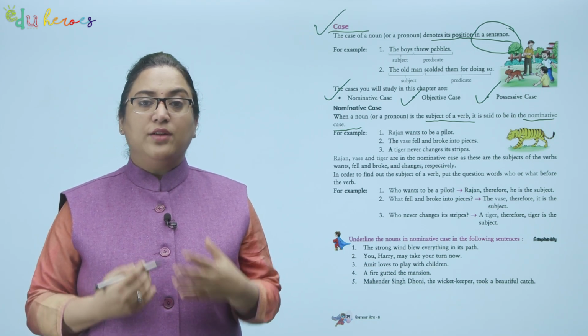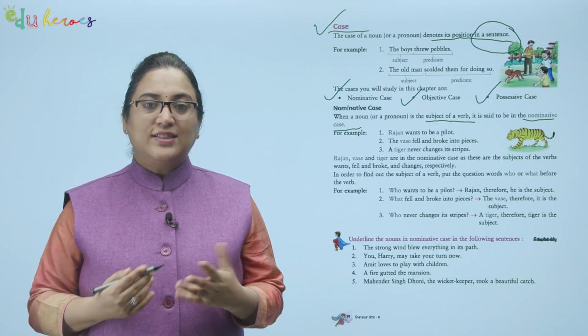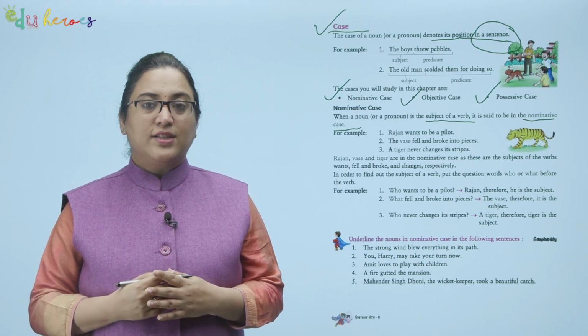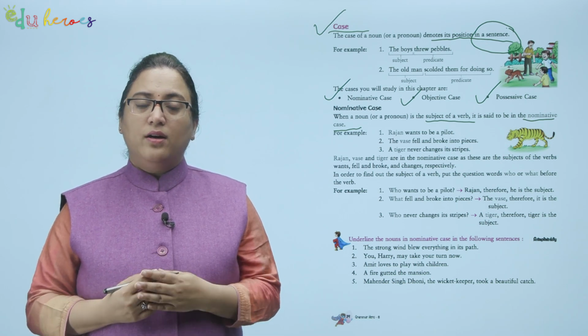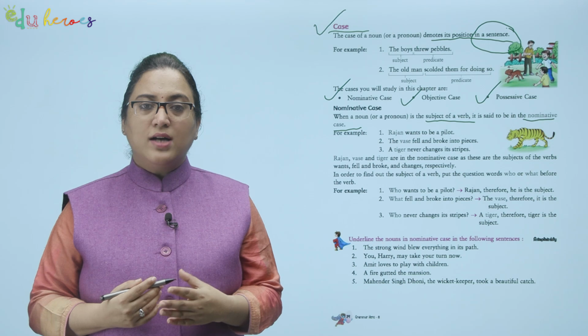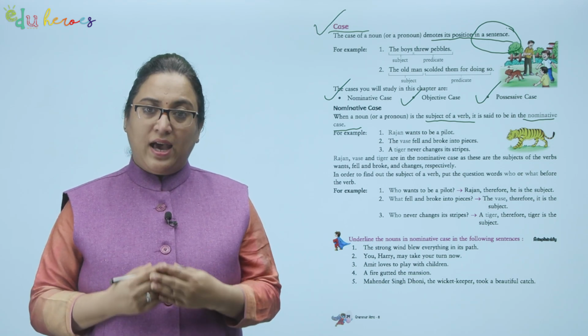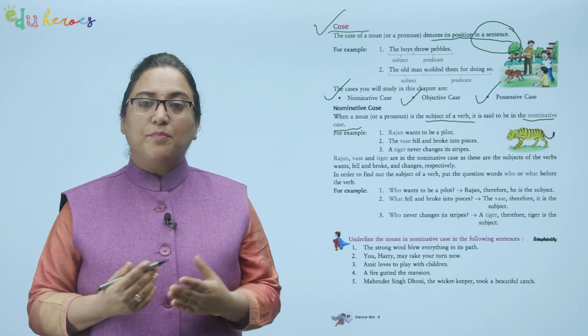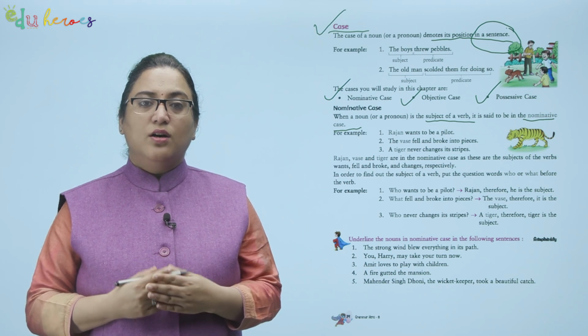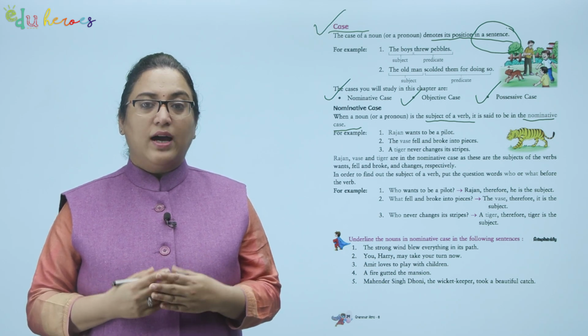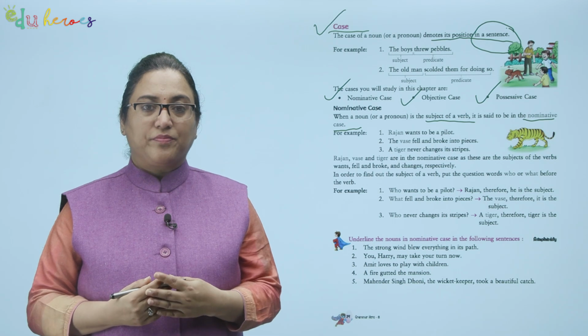The vase fell and broke into pieces. A tiger never changes its stripes. Now here, Rajan, vase and tiger are in the nominative case as these are the subjects of the verbs wants, fell and broke, and changes respectively.